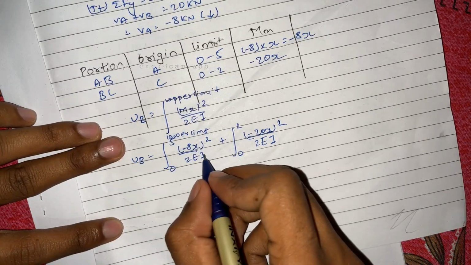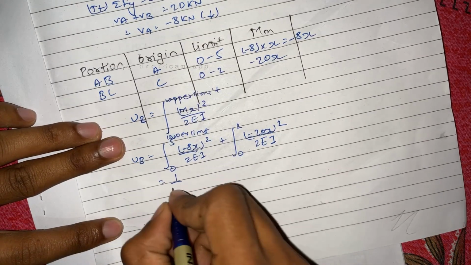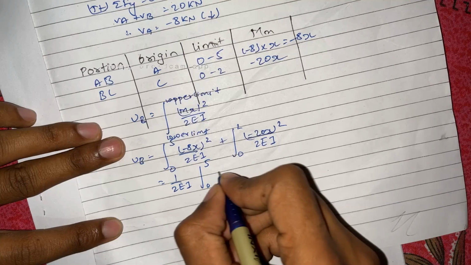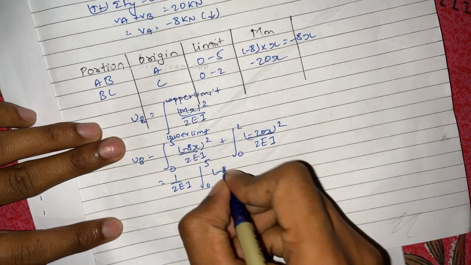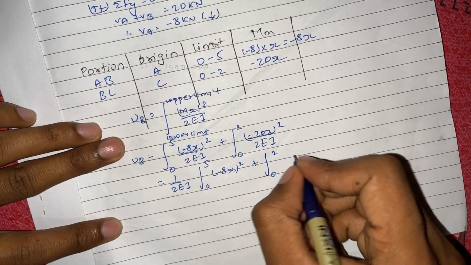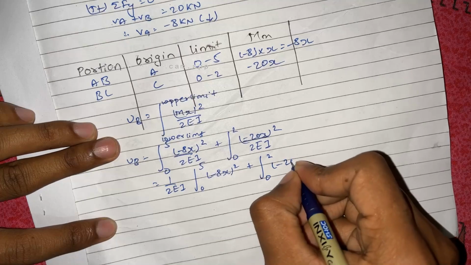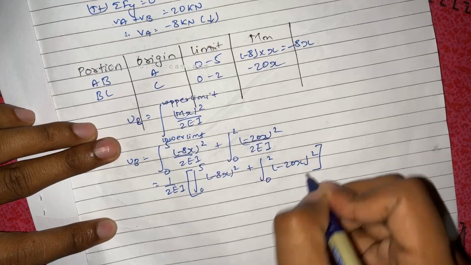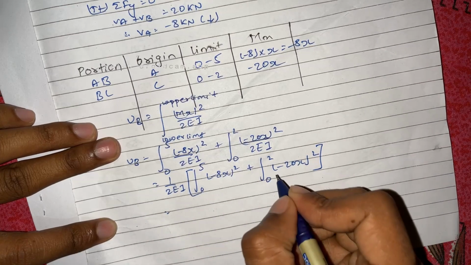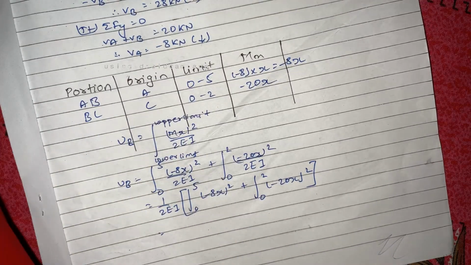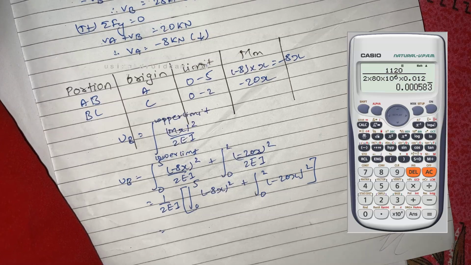So if we just take common 2EI, it will be like 1 by 2EI, 0 to 5 of minus 8x whole square plus 0 to 2 of minus 20x whole square. So we need to solve it now. We can just put this in the calculator and we will get the answer. So let's head towards the calculator.